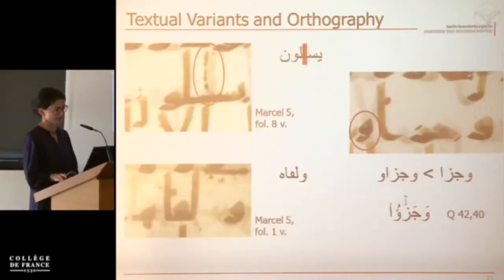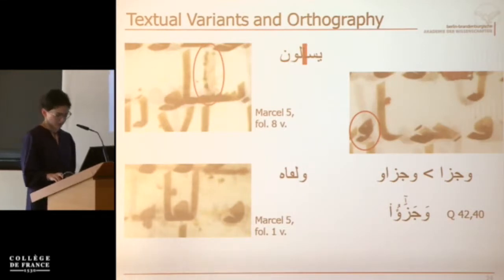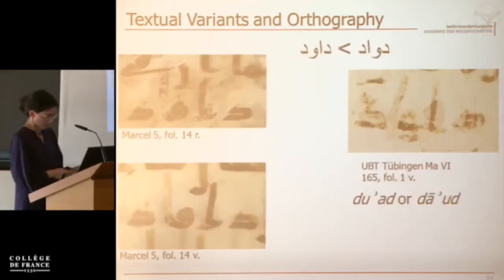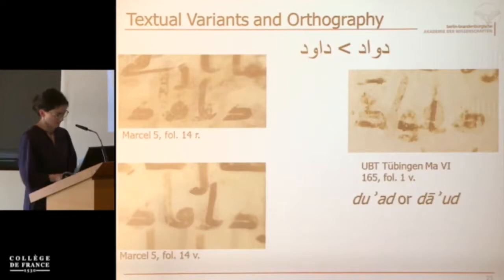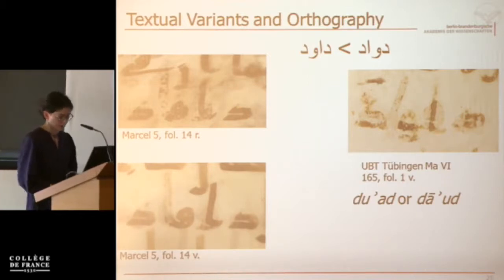These are some other interesting cases of writing Hamza or of not writing Hamza, but I'm not going to go into details. Finally, I wanted to show you the example of writing of the name Dawood.